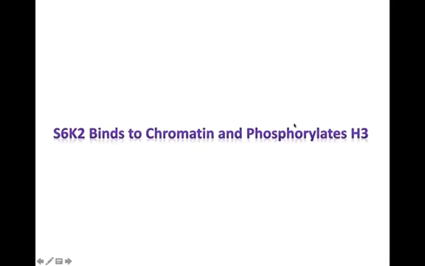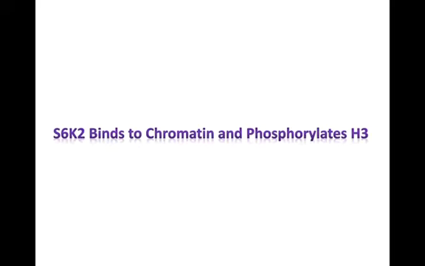Which is S6K2. S6K2, actually, is a kinase protein that is responsible for the phosphorylation of the ribosomal S6 protein, and hence it promotes the ribosomal assembly to undergo protein synthesis.